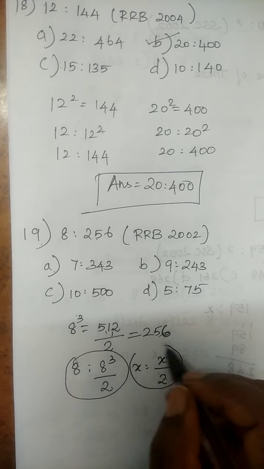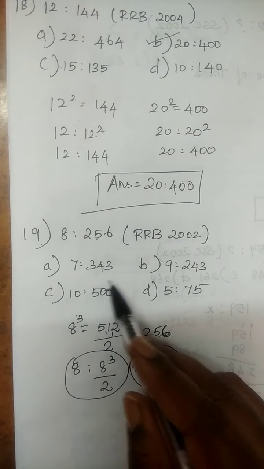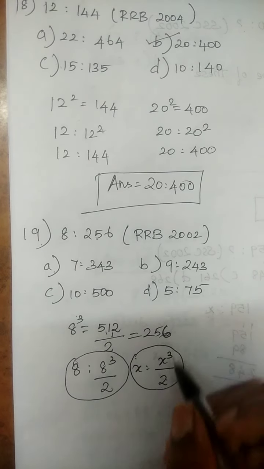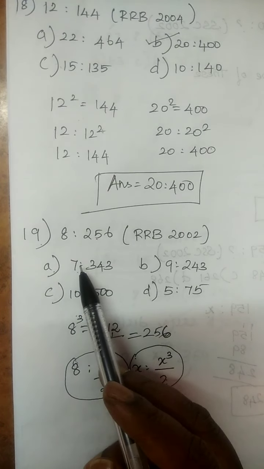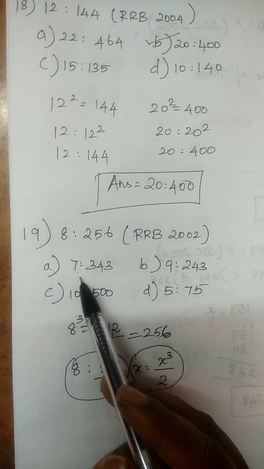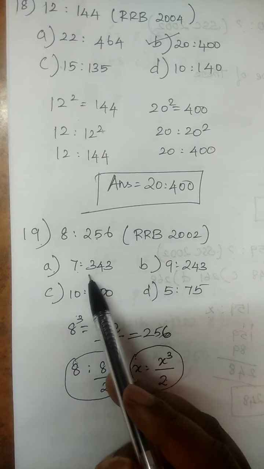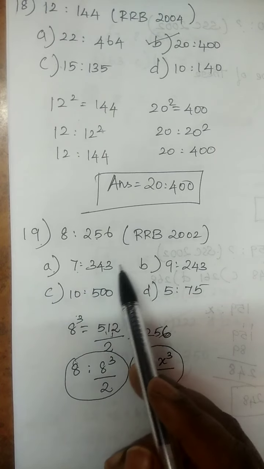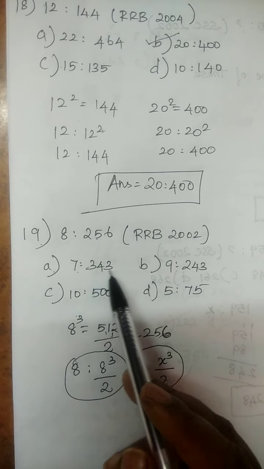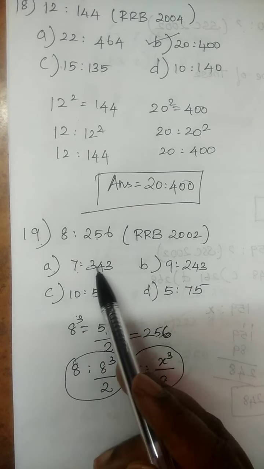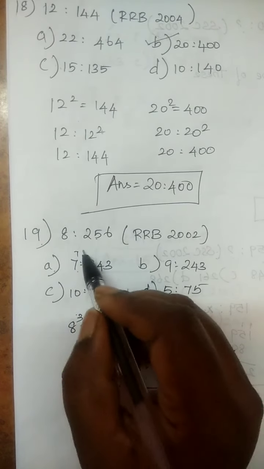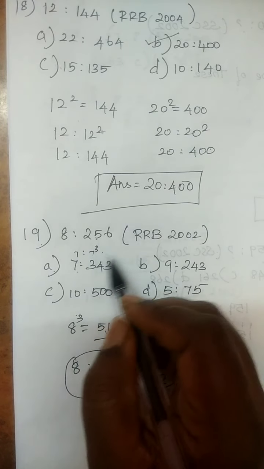Using the same clue, we have to check it for the given options. First I am taking 7. 7 is to 7 cube. 7 cube is already 343. So this is not the right answer. By dividing by 2 only we have to get 343. But 7 is to 7 cube, this one. 7 is to just 7 cube, not divided by 2.